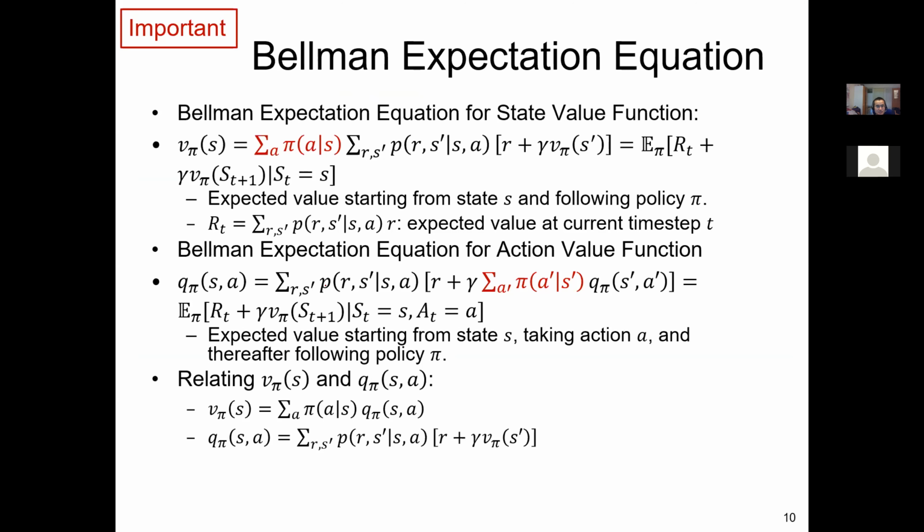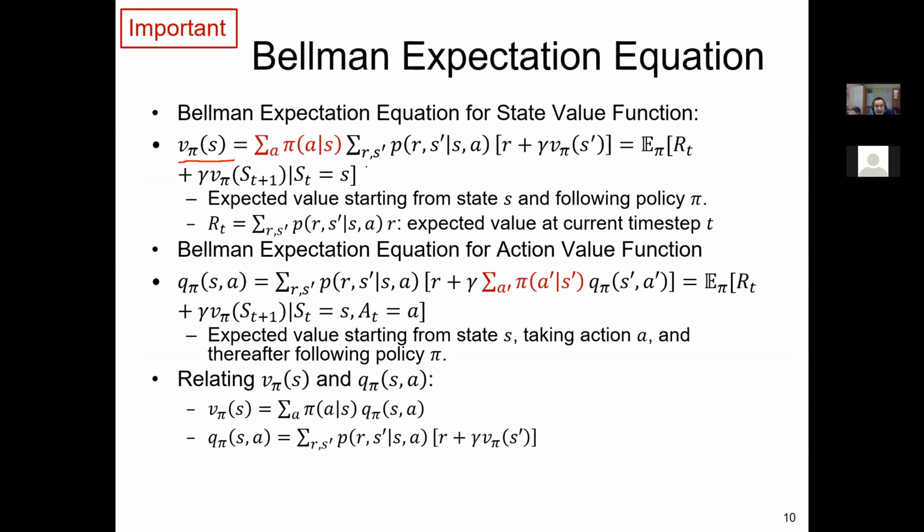State value function is the expected value starting from state S and following policy pi. So it has expectation over actions, expectation over the reward and next state, current reward, and gamma times next value function, v pi s prime.